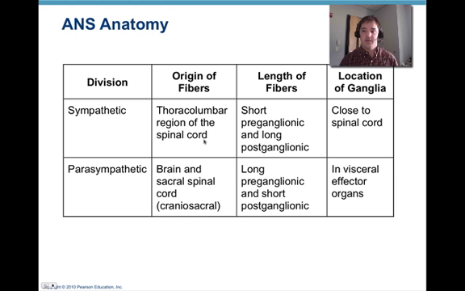There are different ways the preganglionic nerve fibers can synapse, and I'll show you some different pictures of that. But general characteristics: we tend to have short preganglionic fibers and long postganglionic fibers, and your ganglia are close to the spinal cord.